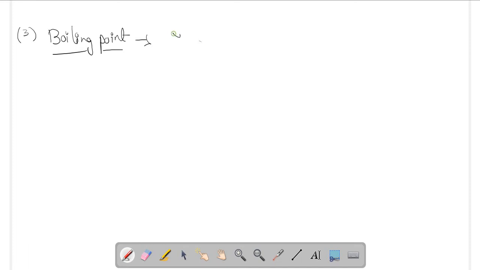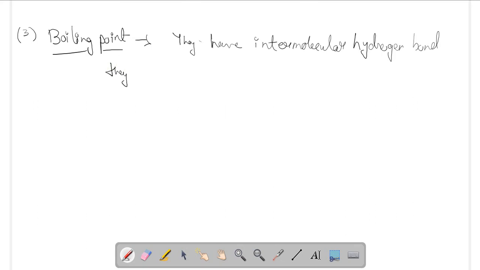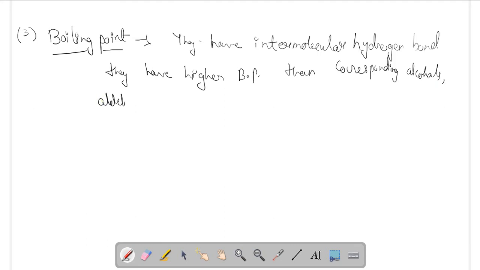As they have intermolecular hydrogen bonds, they have higher boiling points than the corresponding alcohols, aldehydes and alkanes.